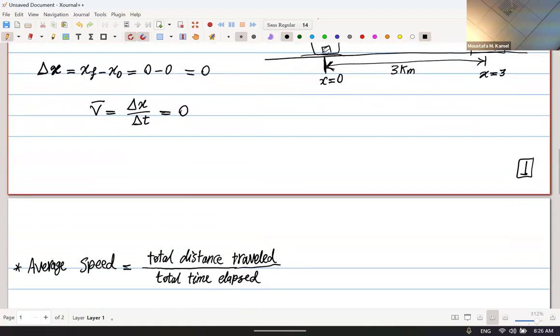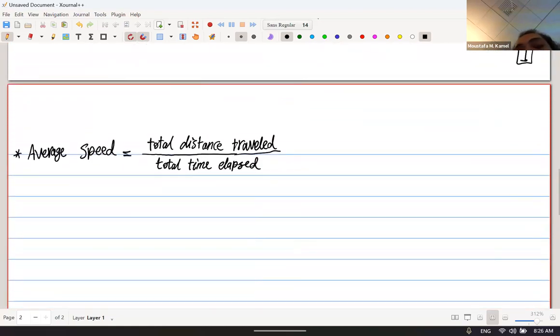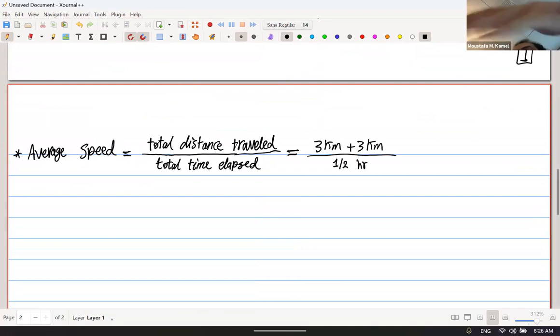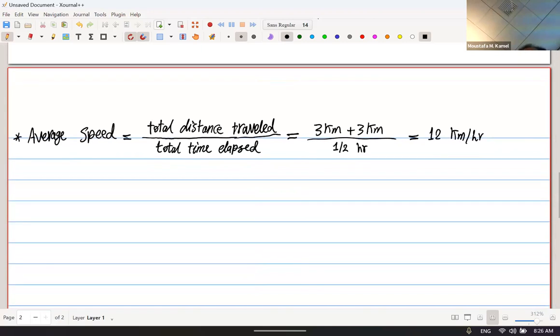It doesn't matter what sign the displacement is because it's the distance we're concerned about. So this is 3 kilometers plus 3 kilometers. This is the total distance traveled over half an hour. So this is 6 over half, which is 12 kilometers per hour. So this is the average speed in this example.